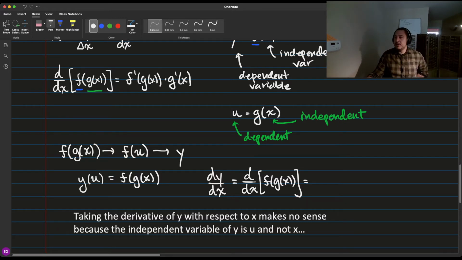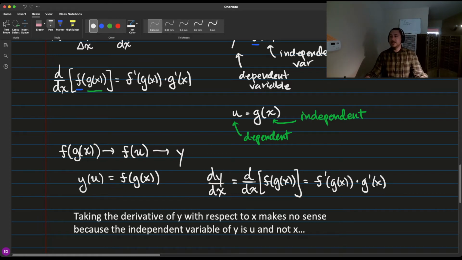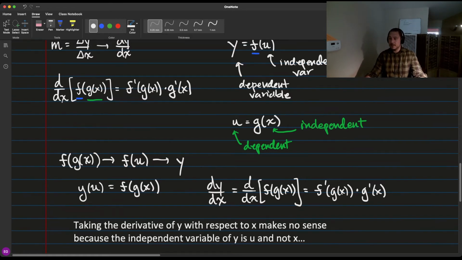Okay? Now, we know that the derivative of f of g of x is f prime of g of x times g prime of x. So there's two things here. Now the cool thing is that you can make replacements.